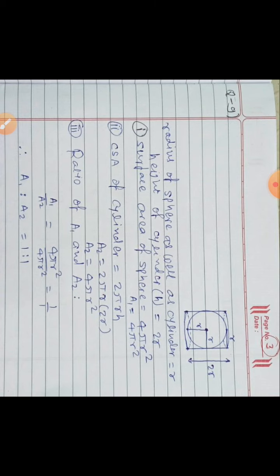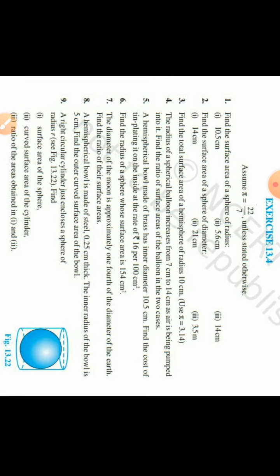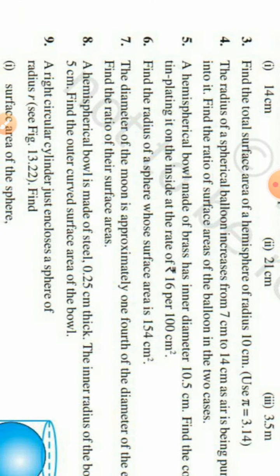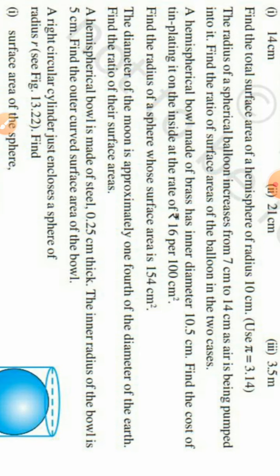Okay, now go to number 7. Look there. The diameter of the moon is approximately 1/4 of the diameter of the earth. So the moon's diameter is the 4th part of the diameter of the earth. What is the relation between diameters is the relation between radii also. So we can directly write the radius of the moon is the 4th part of the radius of the earth. Why?